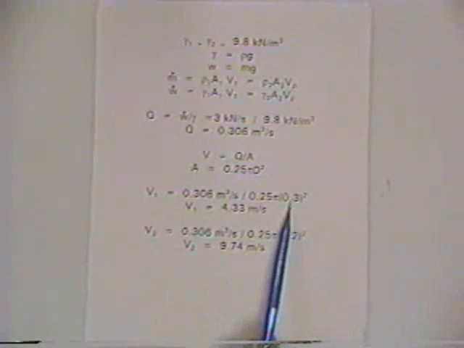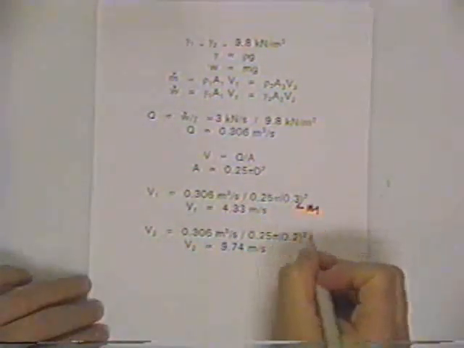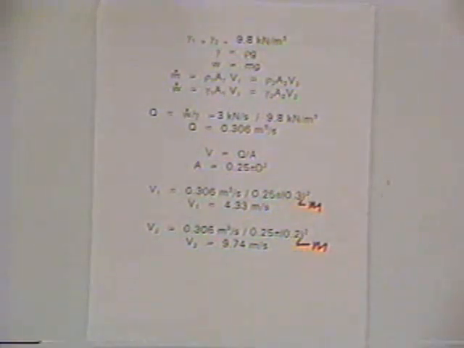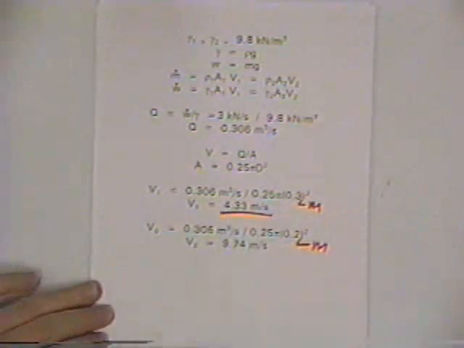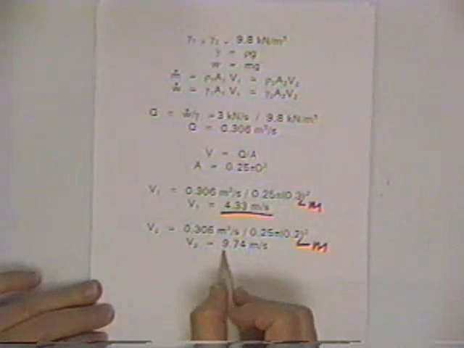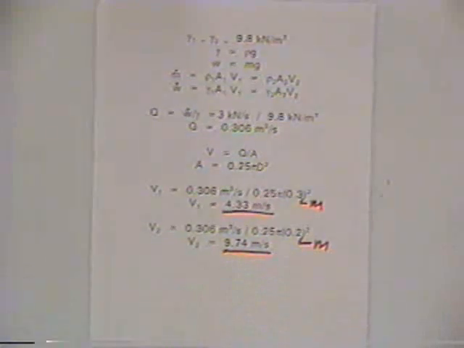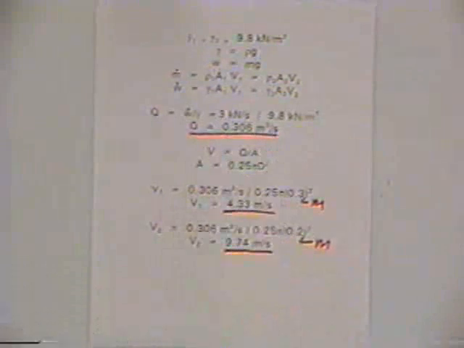And so in one case, the diameter of the pipe is 0.3 meters, and in the other case, the diameter of the pipe is 0.2 meters. And so we can substitute those in, and we'll get for the 0.3 meter pipe, a velocity of 4.33 meters per second. And for the other pipe, the smaller diameter pipe, we've got an increase in velocity up to 9.74 meters per second. And so those two numbers combined with our previously computed discharge answer the problem.